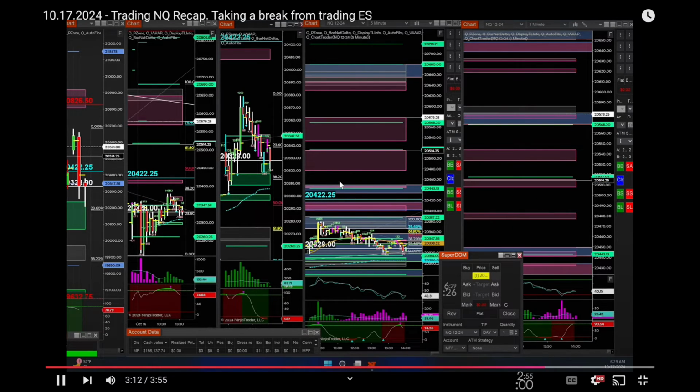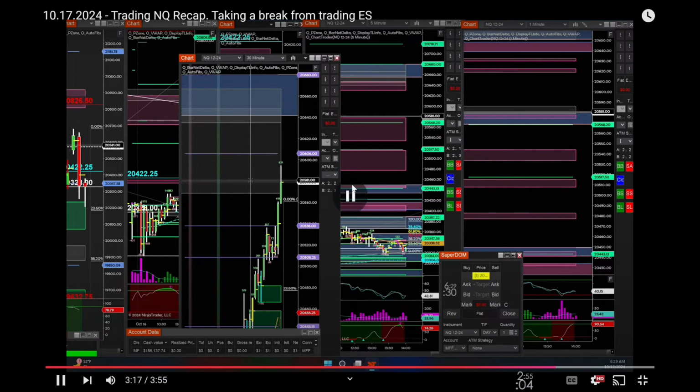You'll see it coming up right here. This is the 30-minute right here. As you can see, it's inside a zone, right? So this is a tested supply zone. The reason I wanted to go short was this is going to be a distribution bar, where there's going to be a lot of sellers wanting to short this market here, just because the POC is, as you can see, at the top of the bar.